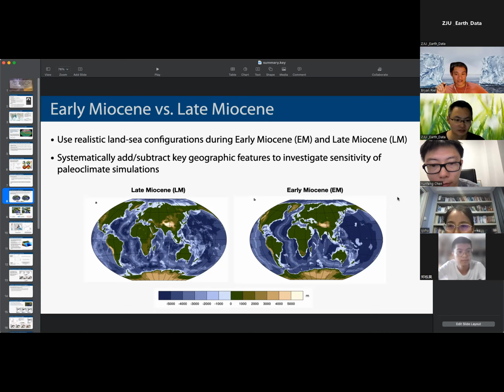Does that have a big impact on the modeled atmospheric wind speeds? Or are there other strong boundary conditions that could really change the outcome of the simulations? These are my main questions. What are the things you can change in the model, outside of the land-sea configuration, that could have a strong impact on the simulation outputs?